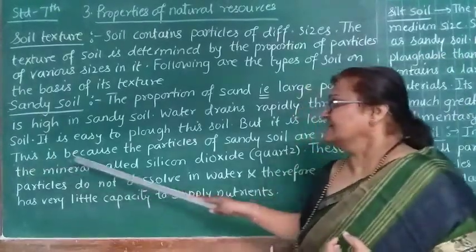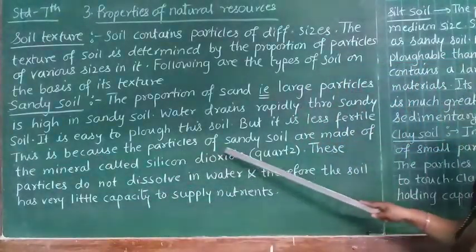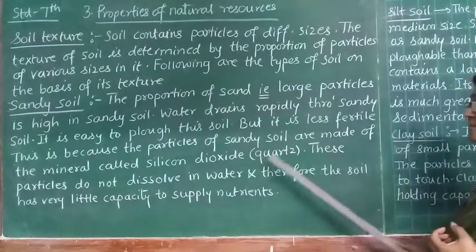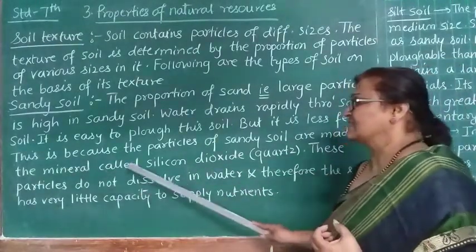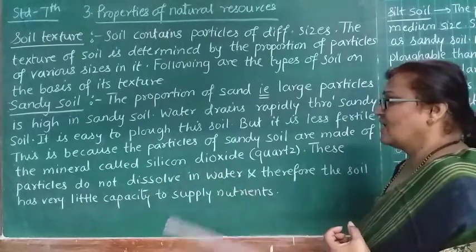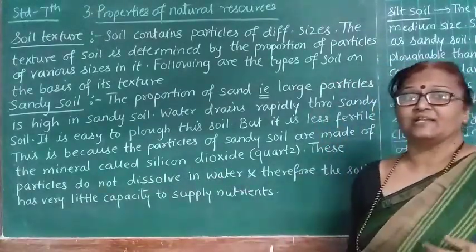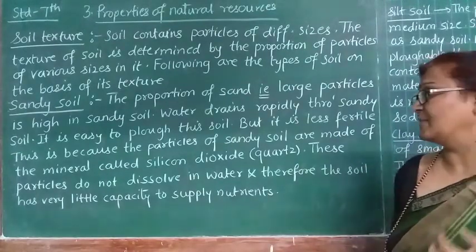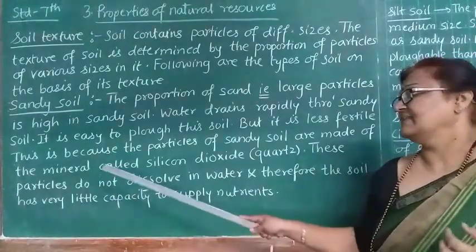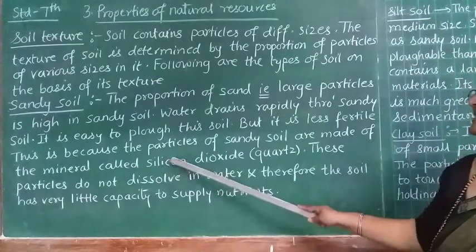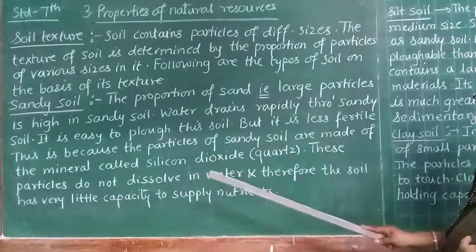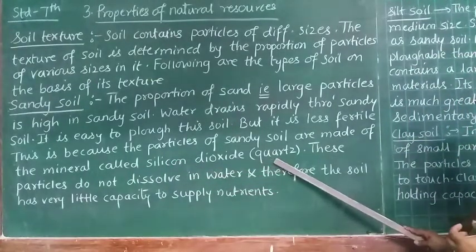This is because the particles of the sandy soil are made up of a mineral called silicon dioxide. So the sandy soil has particles made up of a mineral, and this mineral is nothing but silicon dioxide, or you may call it quartz.